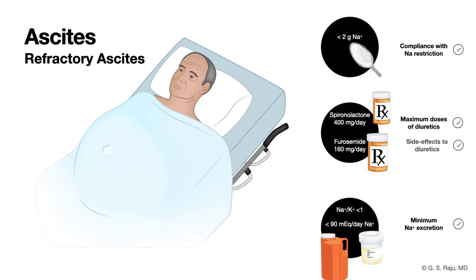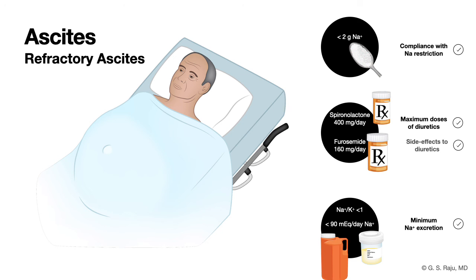In other words, refractory ascites is when the patient is sticking to the diet, you have titrated the dose to the maximum combination of spironolactone, 400 milligrams, and furosemide, 160 milligrams, and despite these two, the kidney is not able to excrete or expel the sodium.